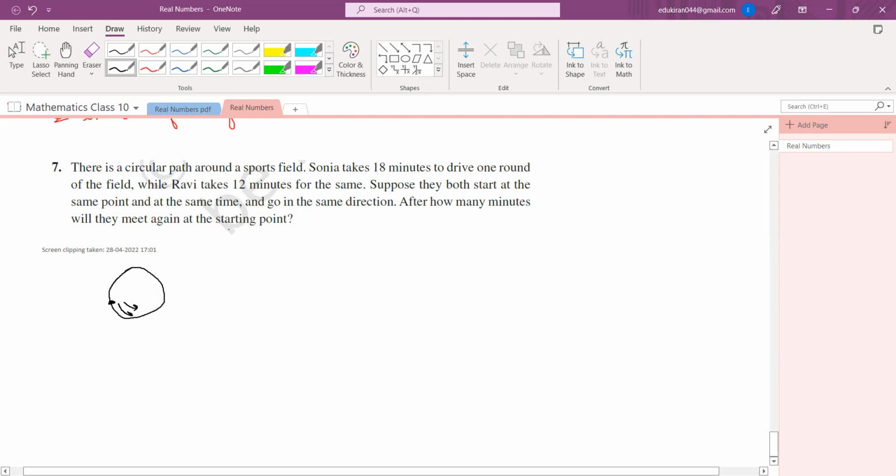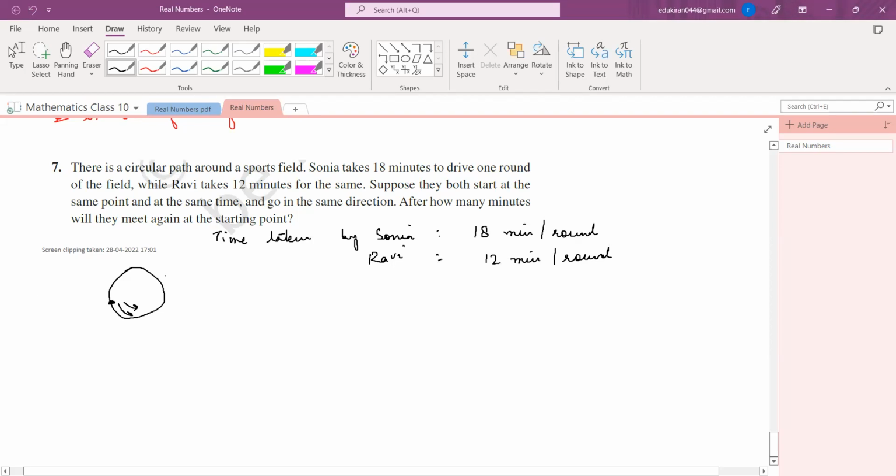Write it properly. Time taken by Sonia: Sonia is basically taking 18 minutes per round, right? And similarly, Ravi is taking 12 minutes per round. Fine.